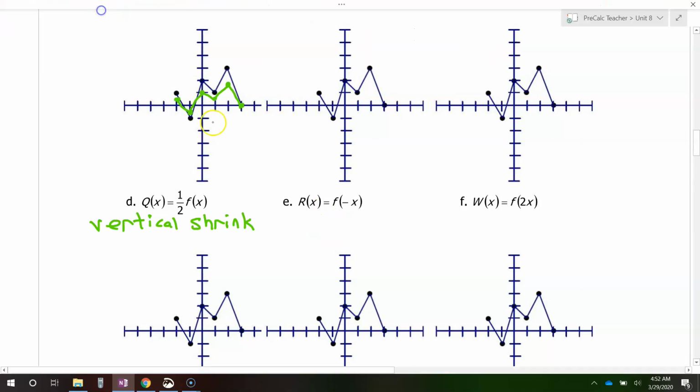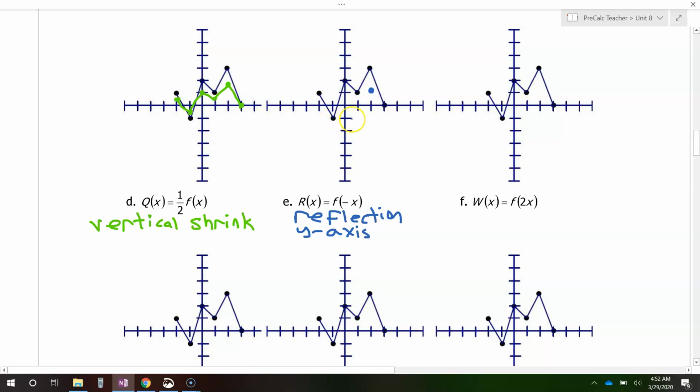Now, the next one, when you have a negative sign inside, that is a reflection over the y-axis. All right, a y-axis reflection. So this point is 2 units to the left, so I'm going to have to go 2 units to the right, and there should be a dot right there.